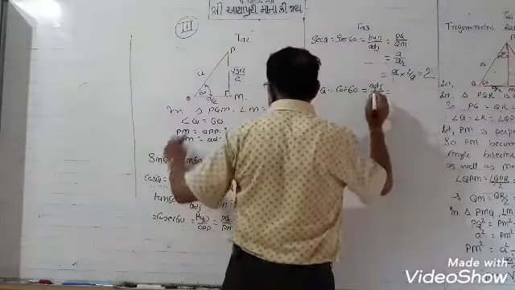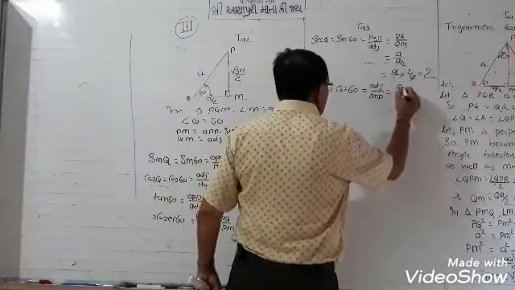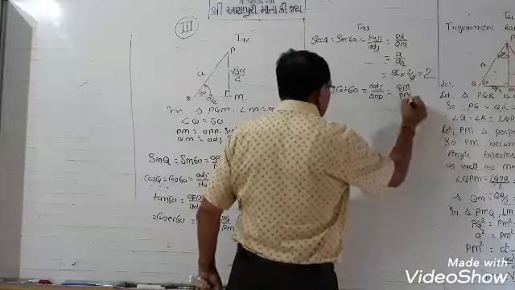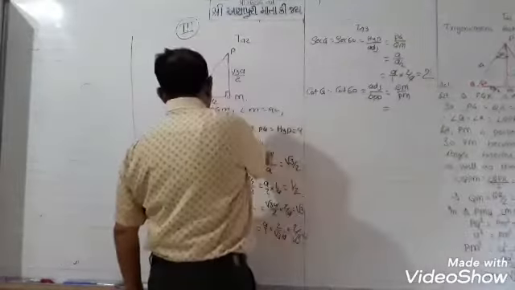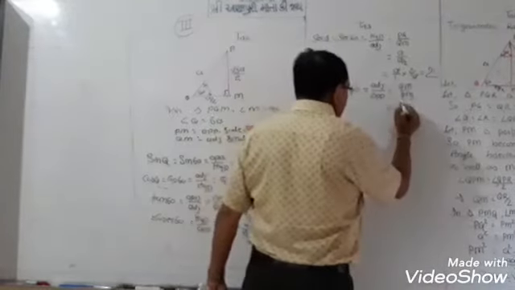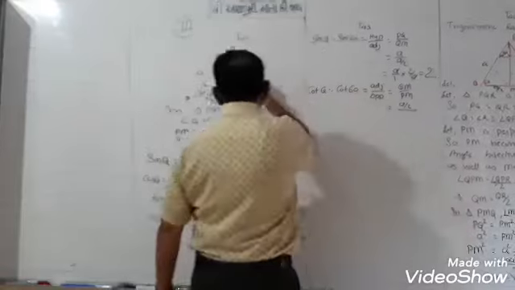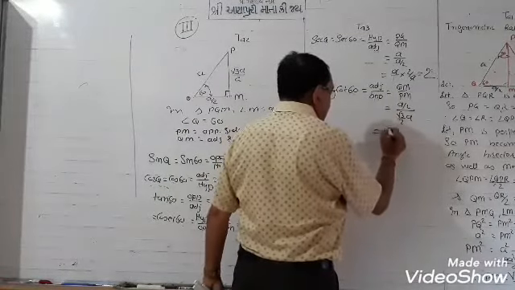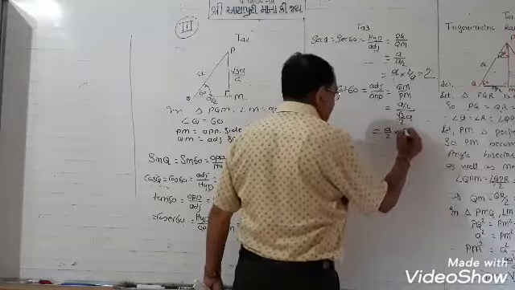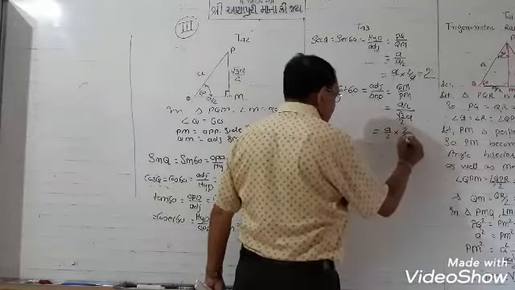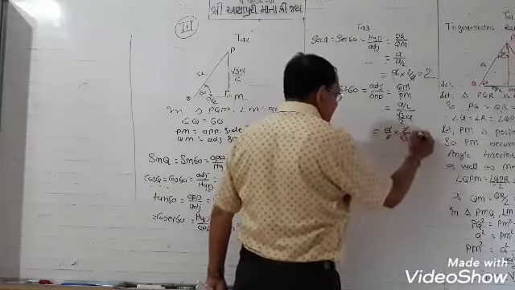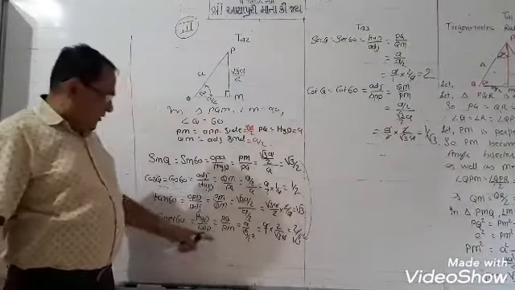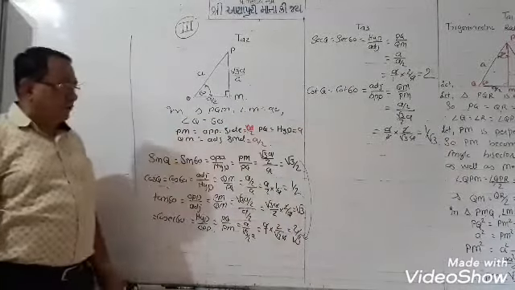What is your adjacent side? QM. What is your opposite side? PM. What is your QM? A by 2. And PM is root 3 by 2a. So a by 2 multiplied by 2 upon root 3a, which gives 1 over root 3.